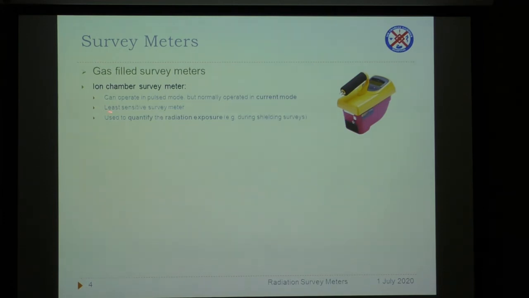It's the least sensitive survey meter, and that's why they generally have very high pressure gas, because the higher the pressure of the gas, the more sensitive they are. It's used to quantify the radiation exposure, so we use it during shielding surveys to quantify the dose to various points around your shielding.